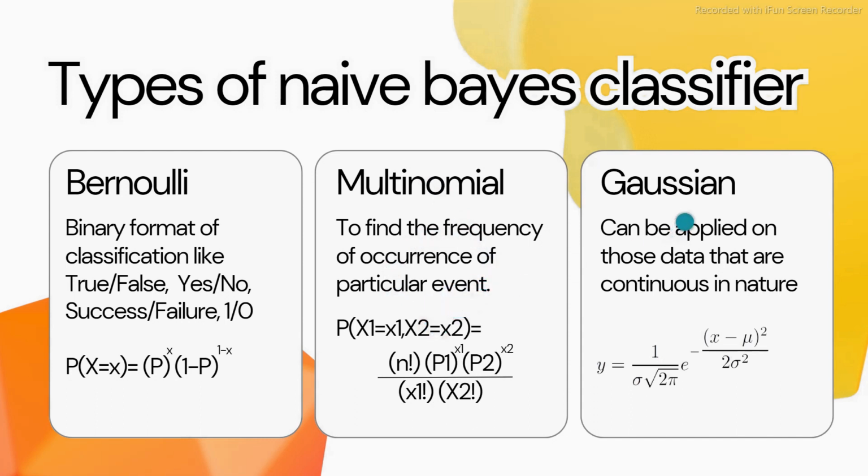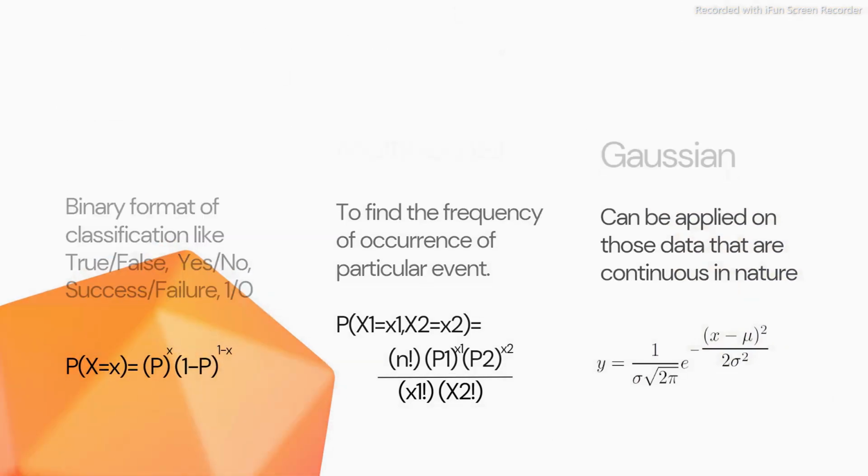And we have the Gaussian, as I already discussed. If you have data that is continuous in nature, for such data we can use the Gaussian. I'm going to discuss all these things in probability distribution, because these topics play a major role in that section.